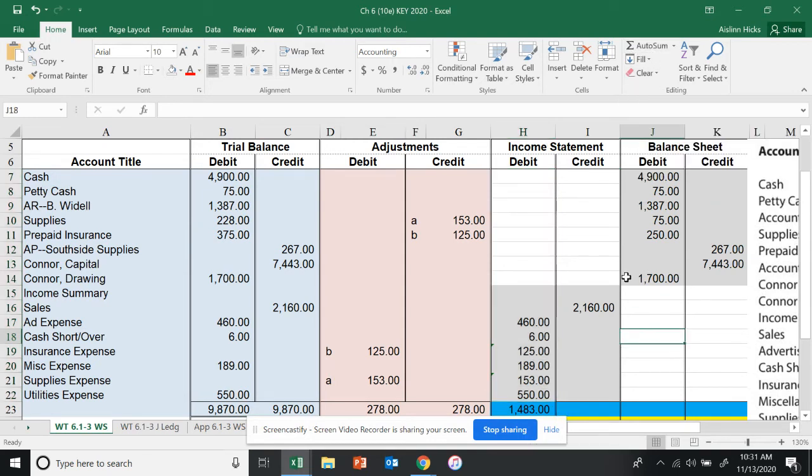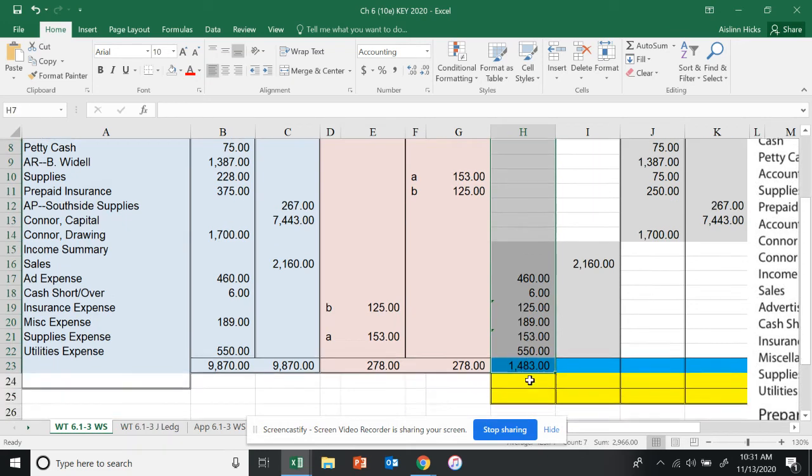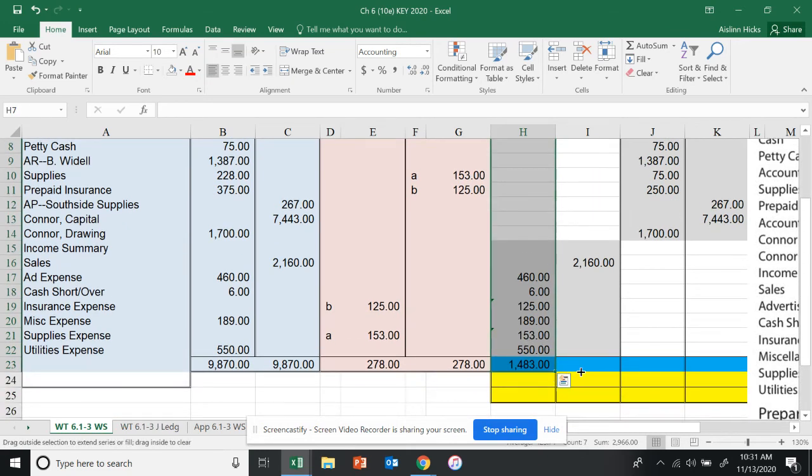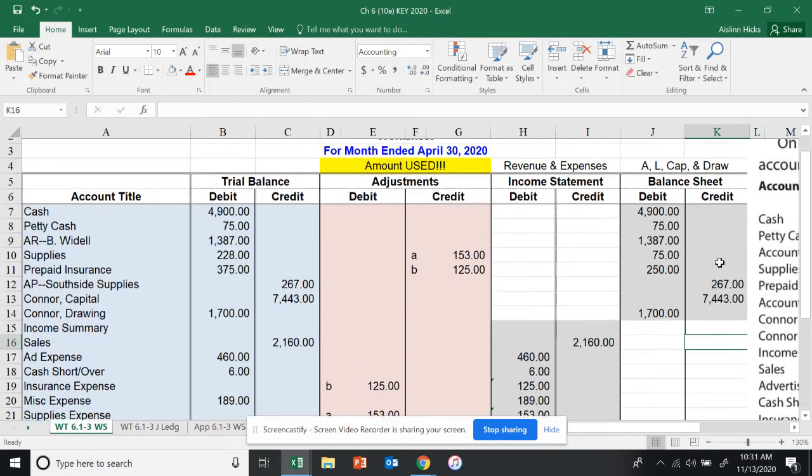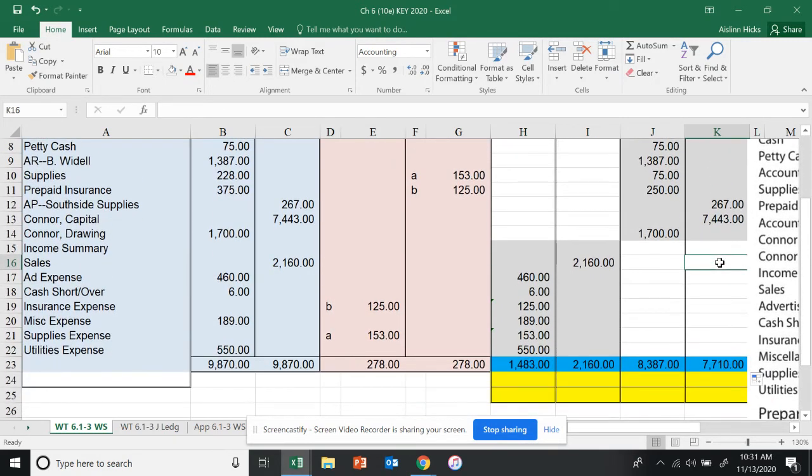Okay? So since I did that for the whole column here, I can then drag that formula across. And you'll notice I've got all my totals there.